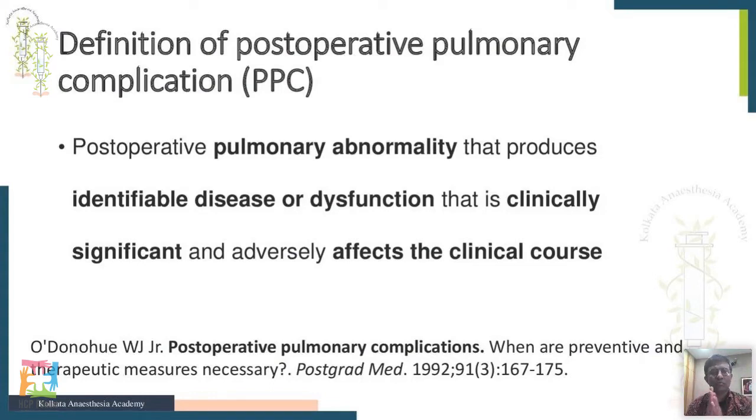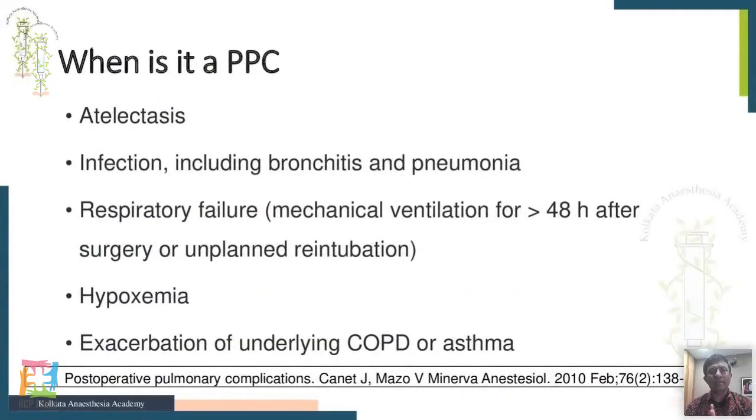One of the best definitions is by Dono: a postoperative pulmonary complication is a pulmonary abnormality appearing in the postoperative period which produces identifiable disease or a dysfunction in the pathophysiology, which is clinically significant and adversely affecting the clinical course. So you identify a pulmonary problem, clinically significant, affecting the clinical course.